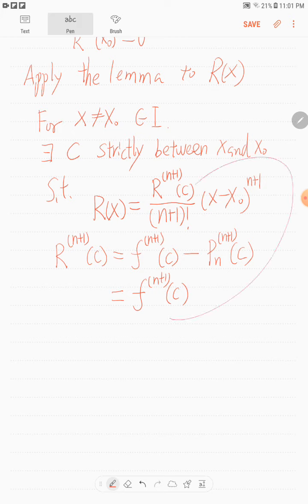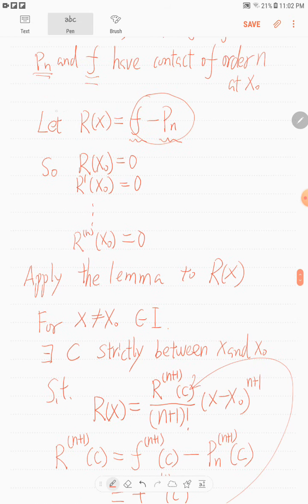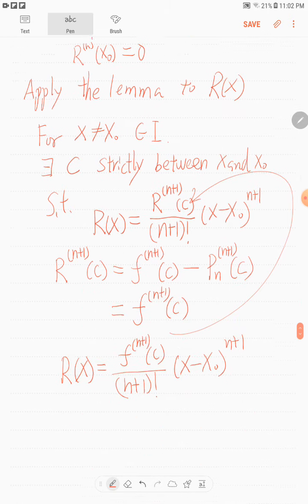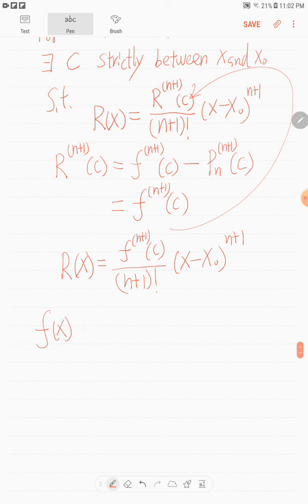If we plug this back in, R of x is equal to the (n+1)th derivative of f at c over (n+1) factorial times (x minus x0) to the power n plus 1. Then we plug this R of x back into the definition, and you will have f equal to P sub n plus this term, which is the result of the Lagrange remainder theorem.